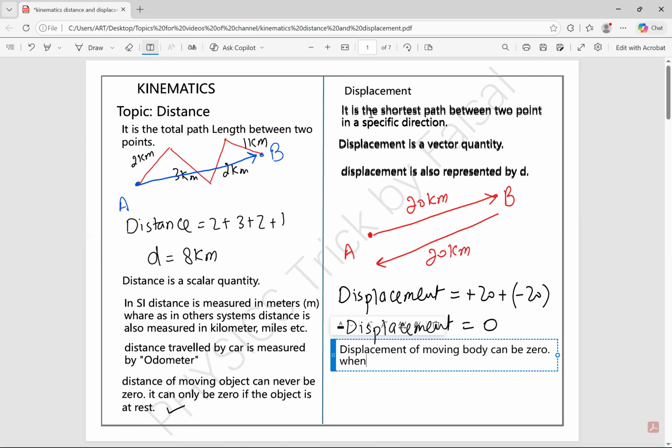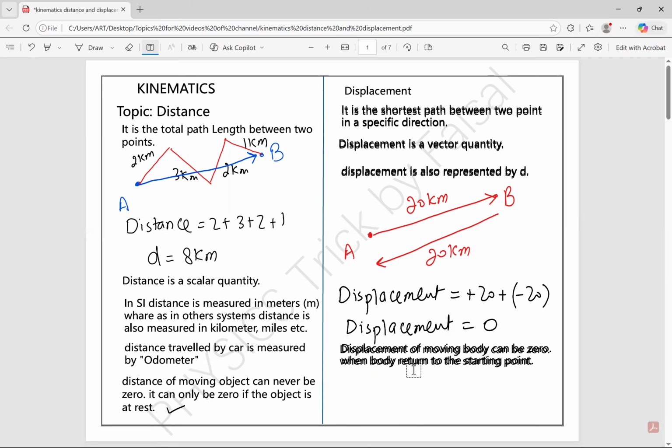When body returns to the starting point. In any case, if the body comes to the starting point, then the displacement will be 0. Displacement of moving body can be 0 when a body returns to its starting point.